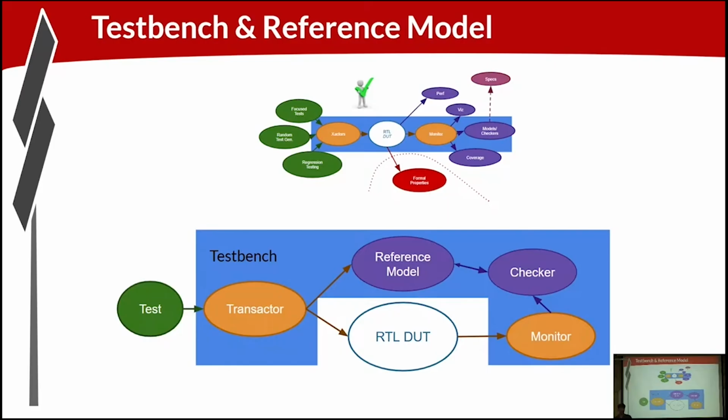So when the CPU retires an instruction, you'll check that it was correct. A shadow model would have to model the cycle level behavior and know the exact cycle when the instruction is going to retire. In this picture, the reference model doesn't have to be cycle accurate, it just has to know this is the instruction that ought to retire next, and when it does, this is how it should be characterized. And the monitor can say, hey, we retired an instruction, and at that time you check it.